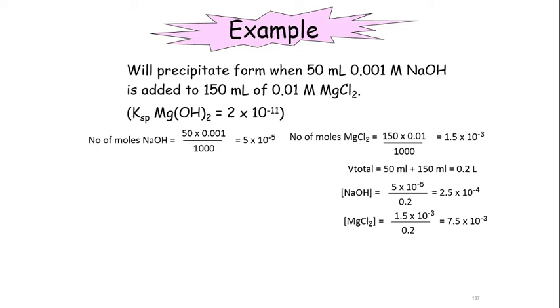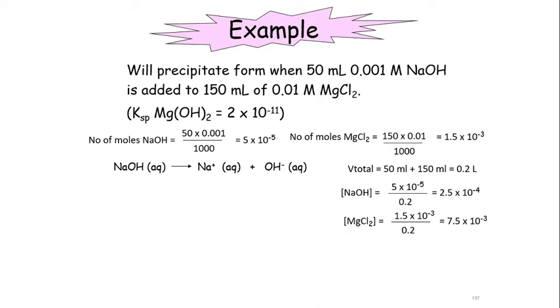The next step is to write the dissociation equation for both NaOH and MgCl2. First, we write for the NaOH. So NaOH dissociates into Na+ and OH-.